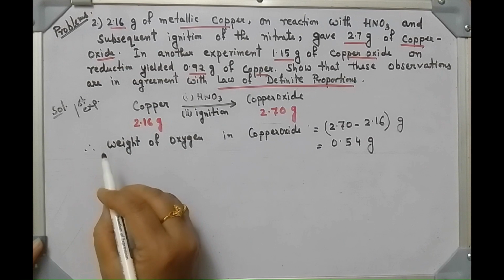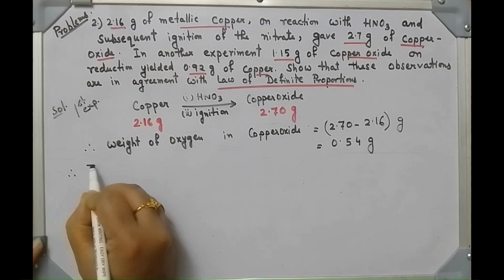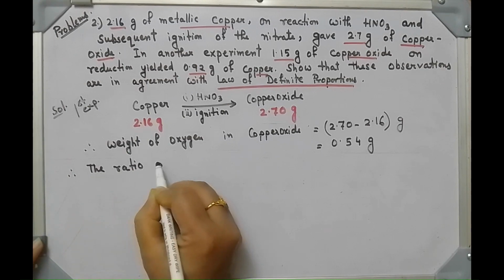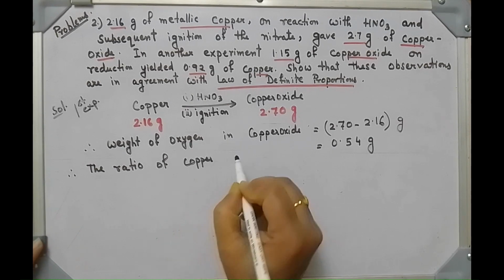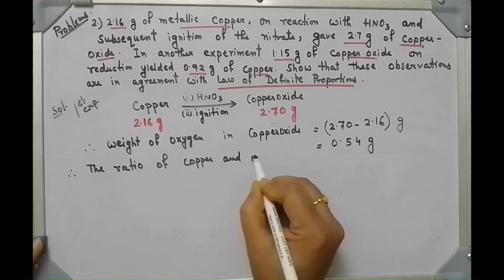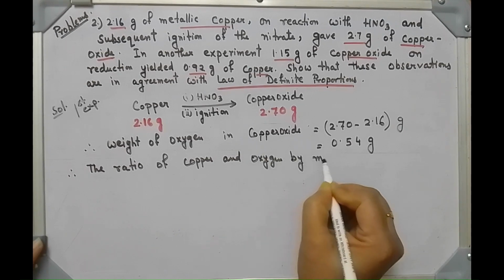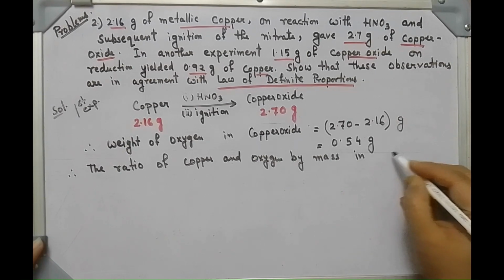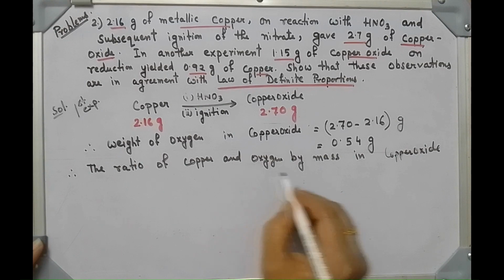So first what we have to do is determine the ratio of copper and oxygen by mass in copper oxide. What is it?